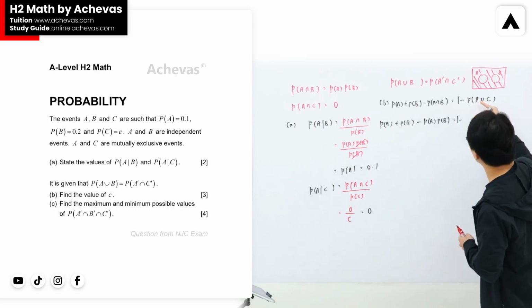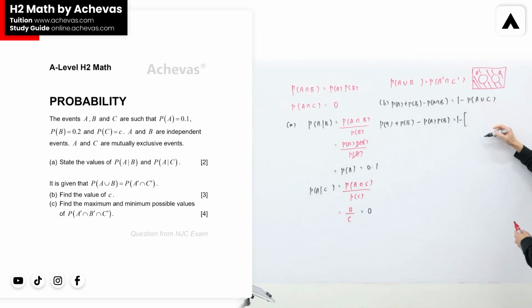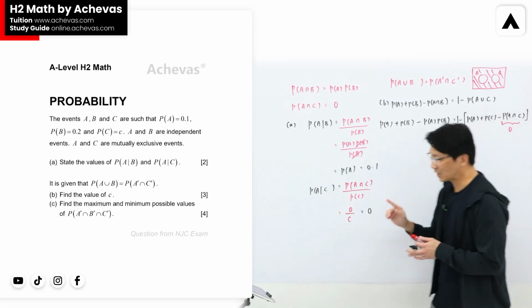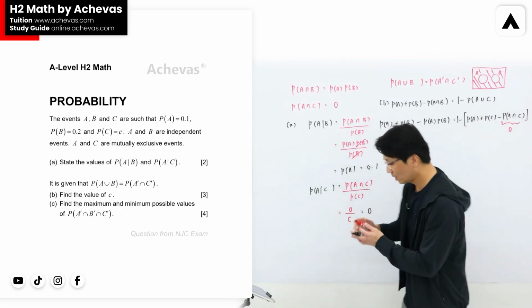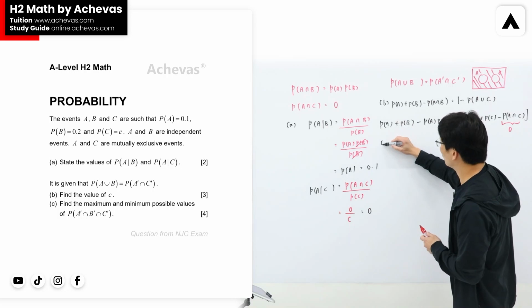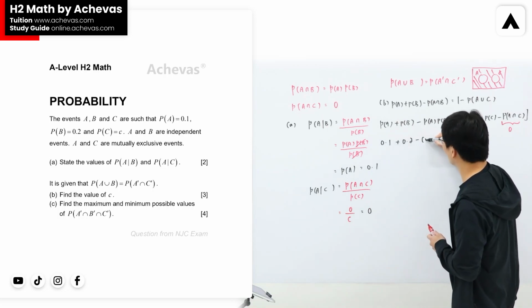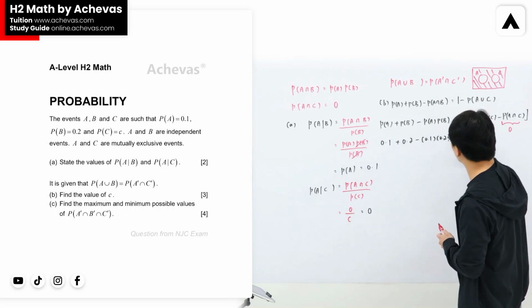And for this, I'm going to make use of the formula for the union. I will have probability of A plus probability of C minus probability of A intersect C. Actually, we already know that this is equal to 0 since they are mutually exclusive. And I'm going to break out everything and sub in those values that we are given. This is just equal to 0.1 plus probability of B, which is 0.2, minus 0.1 times 0.2.